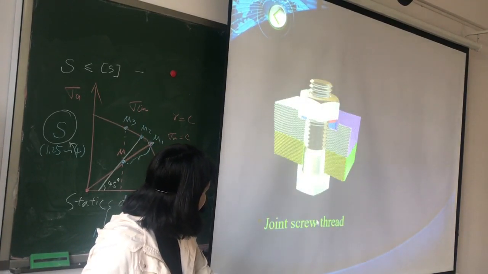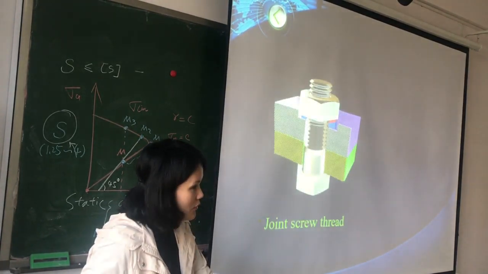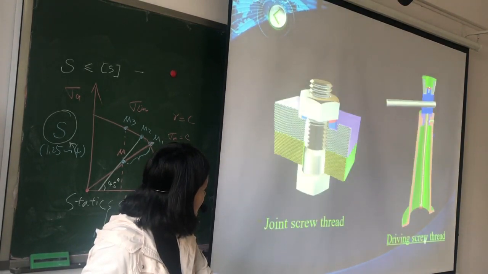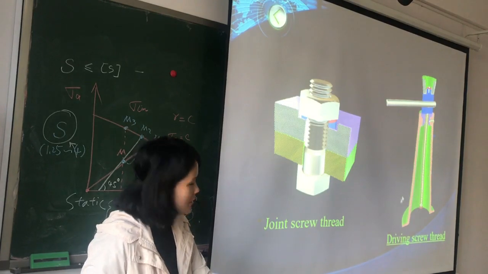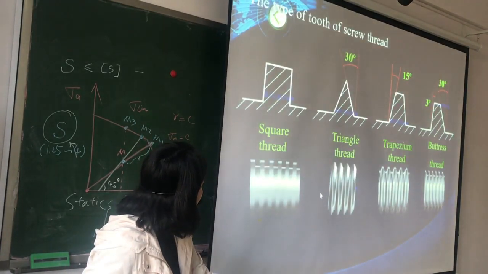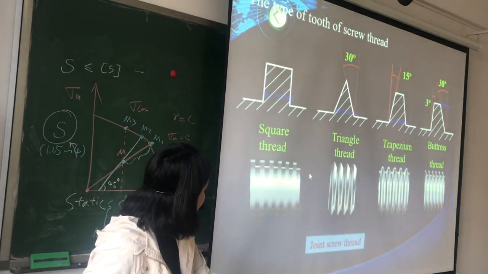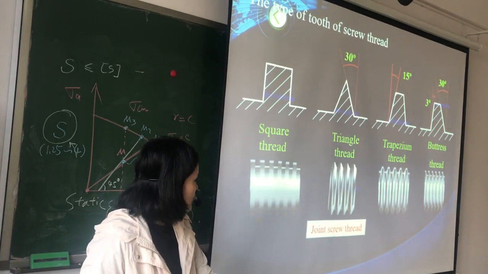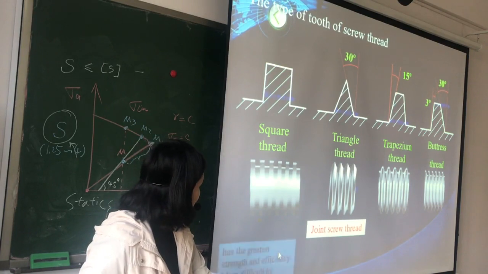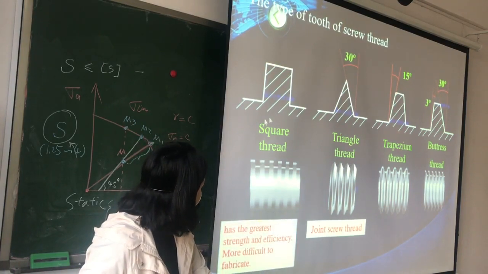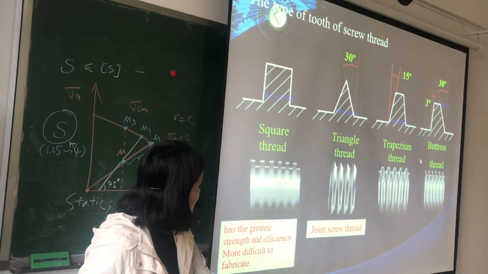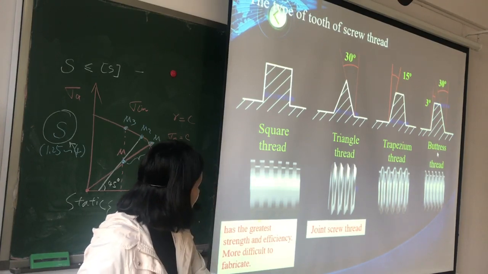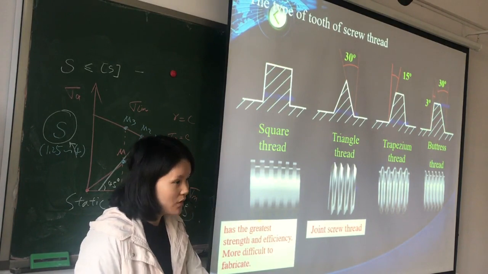This is a joint screw thread, and this is a driving screw thread. The triangle thread is a joint screw thread, and the square thread, trapezoidal thread, and buttress thread are driving screw threads.